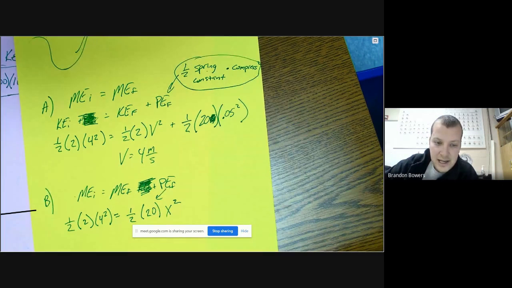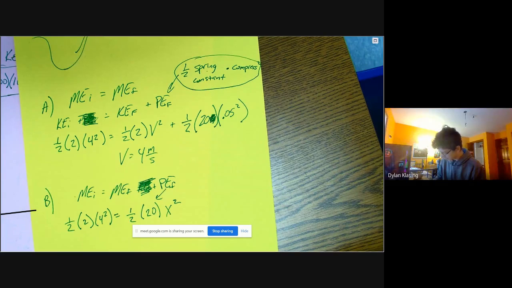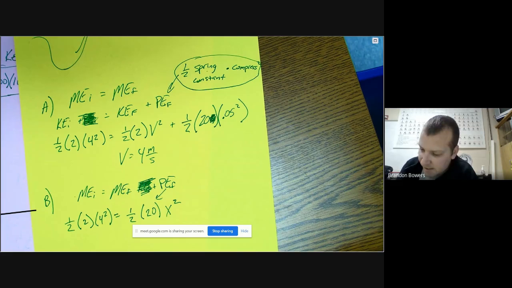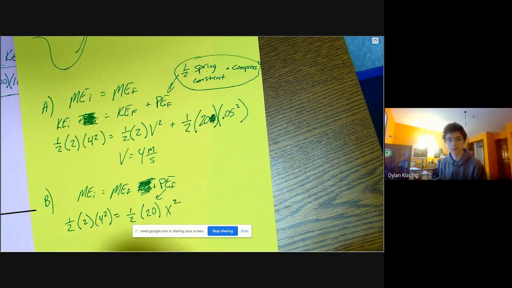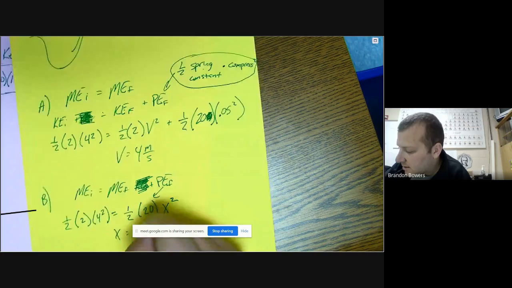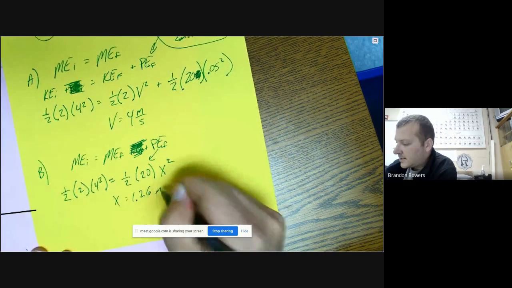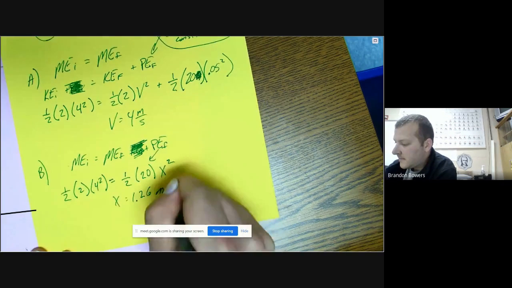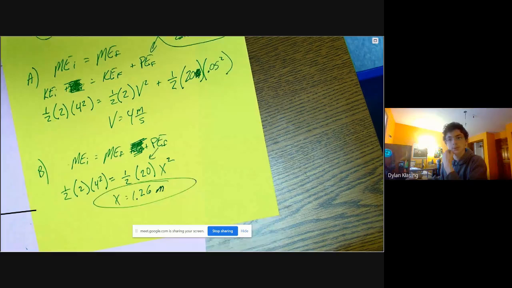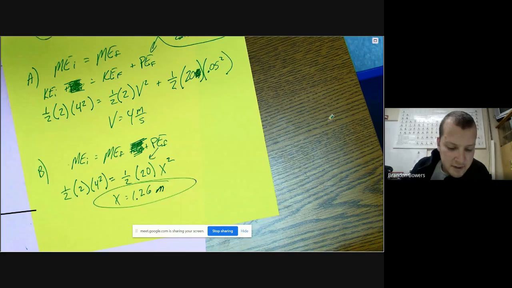And you just got to solve for X. So I got 1.26 for X. I got 1.26 as well. All right. And that's how you analyze the compression. And theoretically, that would be X's displacement, so meters.